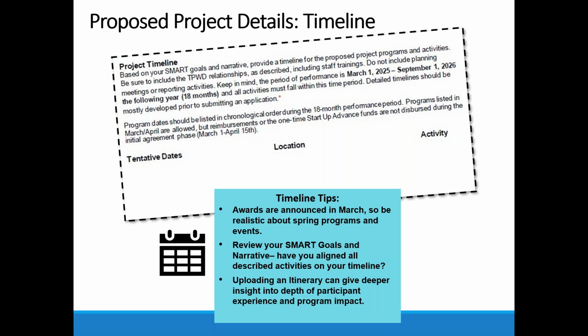If you are planning a spring break day camp the 3rd week of March, just consider that you may not get notified about your grant award until March 1st. And if that's the case, are you going to have enough notice and the funds to hire staff, purchase equipment, do all your participant recruitment by the 3rd week of March?